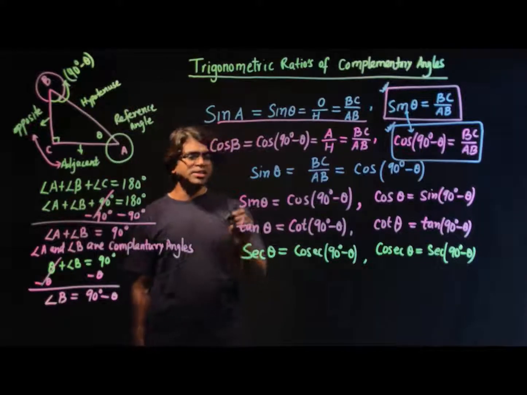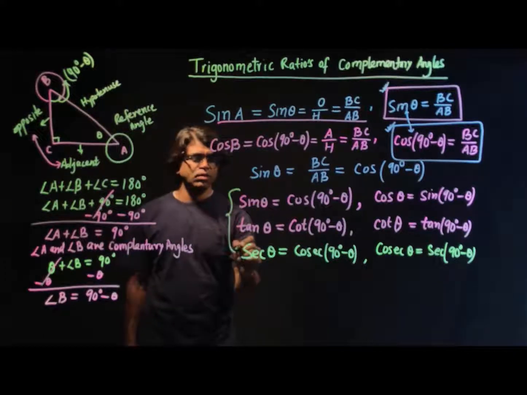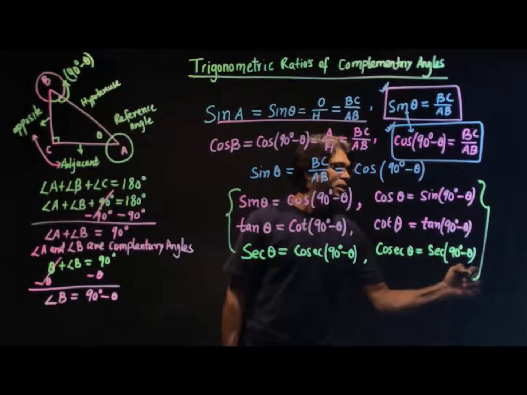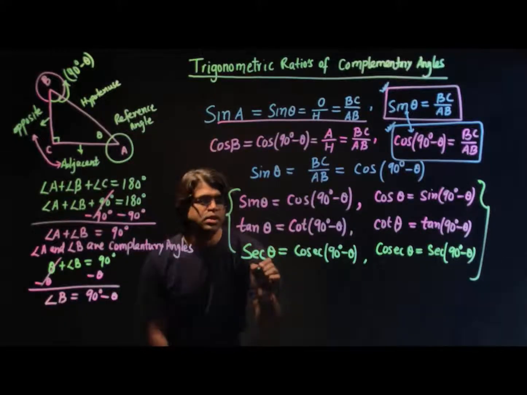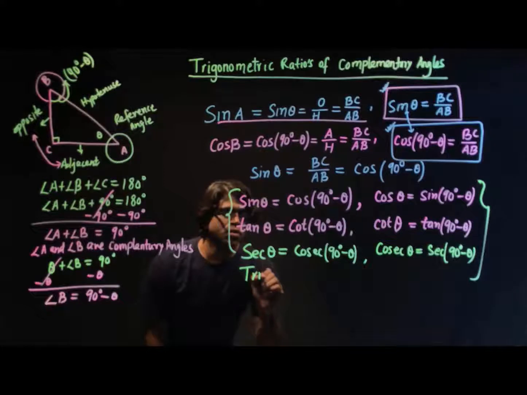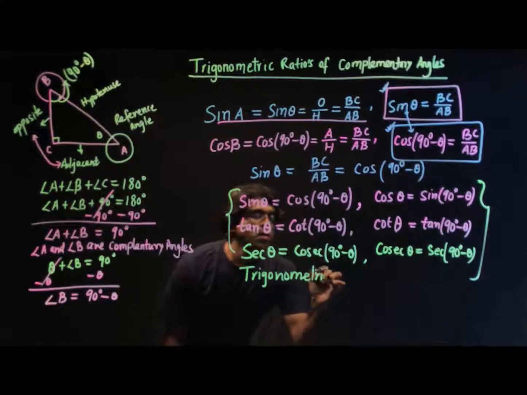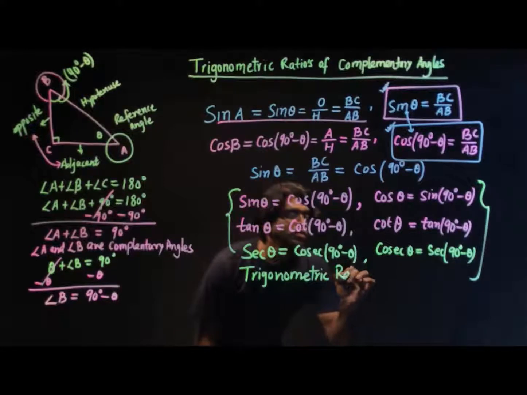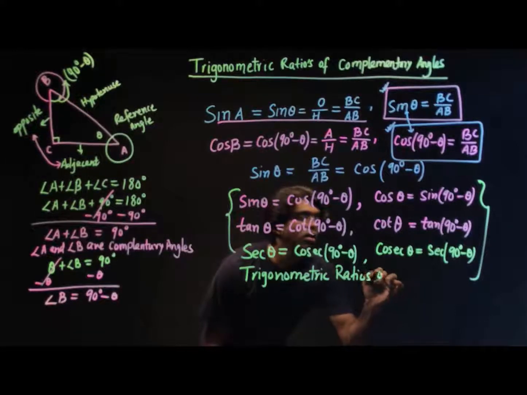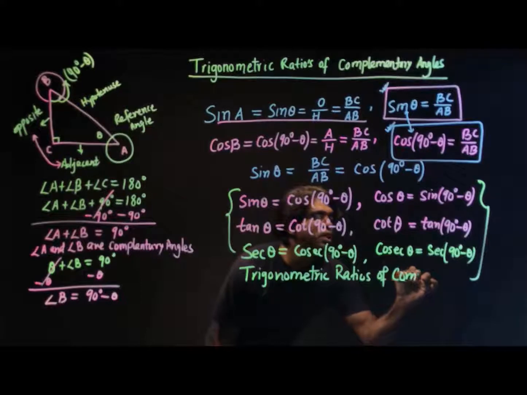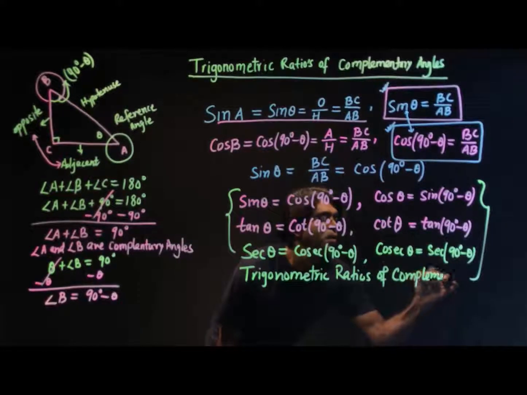So basically this relationship right here, the one that we have right here, is known as trigonometric ratios of complementary angles.